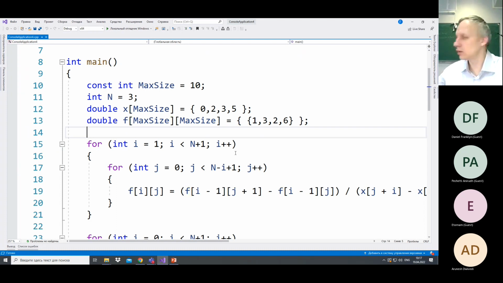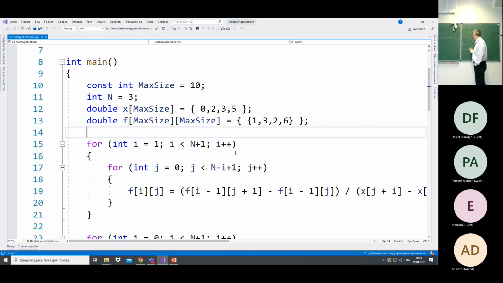I will store it row by row, like on a board. The first row of this table will be just the values of the function f0, f1, f2, f3, and so on. The second row will be the first divided differences, and so on.